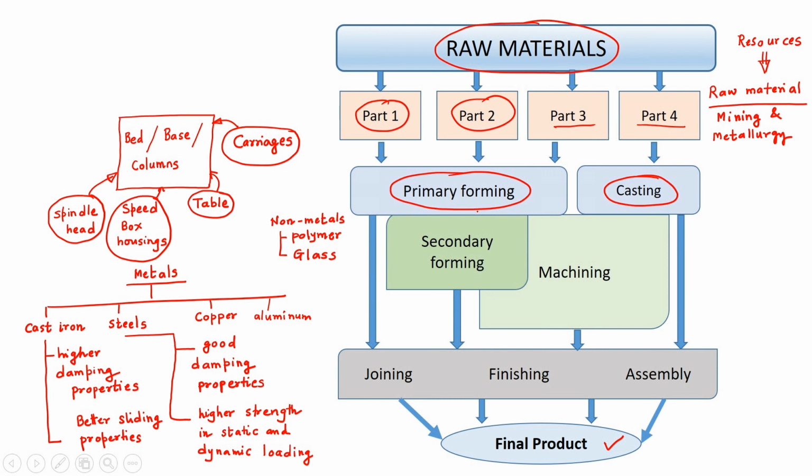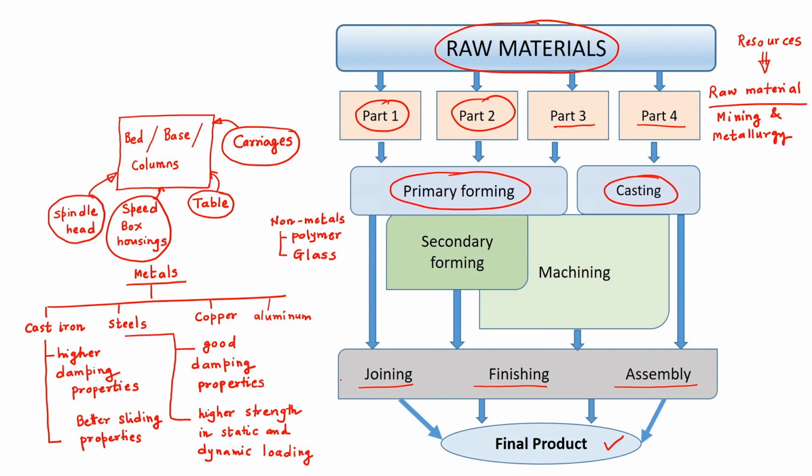The primary forming operations converts the raw materials into basic shapes such as rods, sheets and bars. If it is fine with you to work with the available shapes of the raw materials and use them for making the final product through the other set of manufacturing processes, say the joining, finishing or assembly, it is okay.